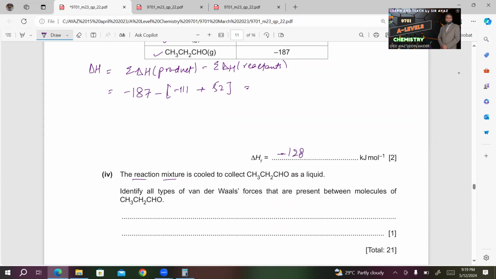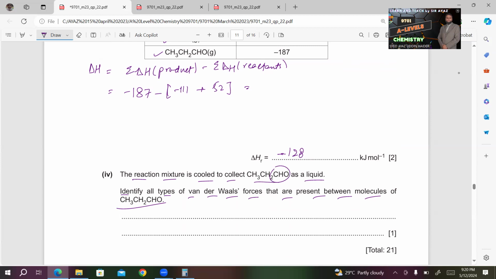Number 4, the reaction mixture is cooled to collect CH3CH2CHO as a liquid. Identify all types of van der Waals forces that are present between molecules of CH3CH2CHO. It must contain instantaneous dipole, induced dipole, and permanent dipole. Permanent dipole is due to the presence of CHO.